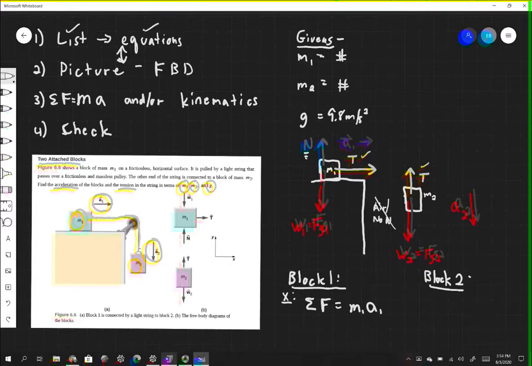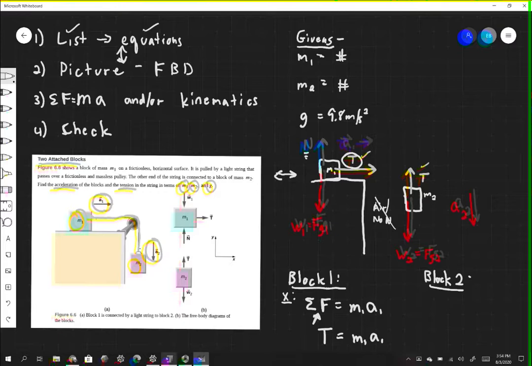So what I need to do now is really write down what these sum of forces acting on this block are. If I look at my picture, I can see that in the x direction, so moving left and right, the only force I have here on block 1 is tension. So tension is equal to the sum of forces, and that's equal to the mass of block 1 times the acceleration of block 1.